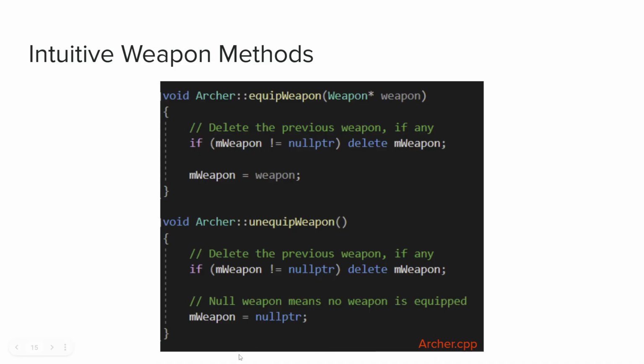And you make sure that M weapon will now be null pointer, or else a chance of getting an error will happen kapag di mo ginawa to. M weapon is equal to null pointer. Okay? Questions here?